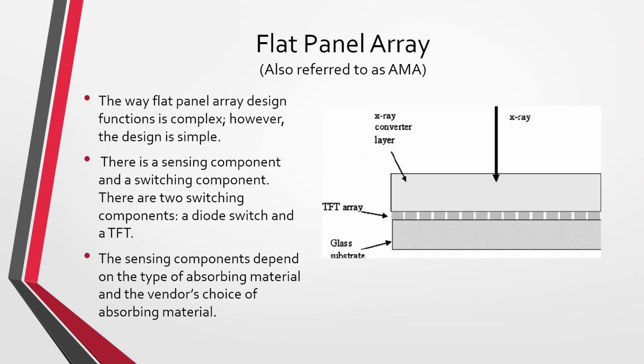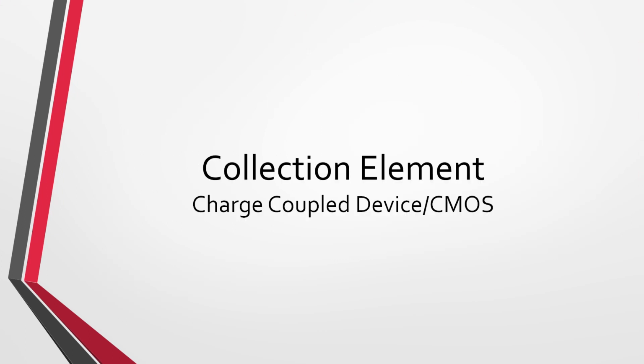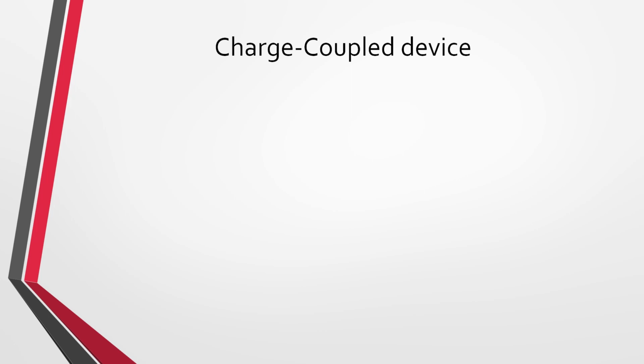Okay, so now we're talking about the collection elements a bit more. We already talked about TFTs a good amount, which is one of the collection elements, right? But here we'll talk about charge coupled devices, which is CCDs, or CMOS technology, which is complementary metal oxide semiconductor. And these are only going to be indirect capture type.